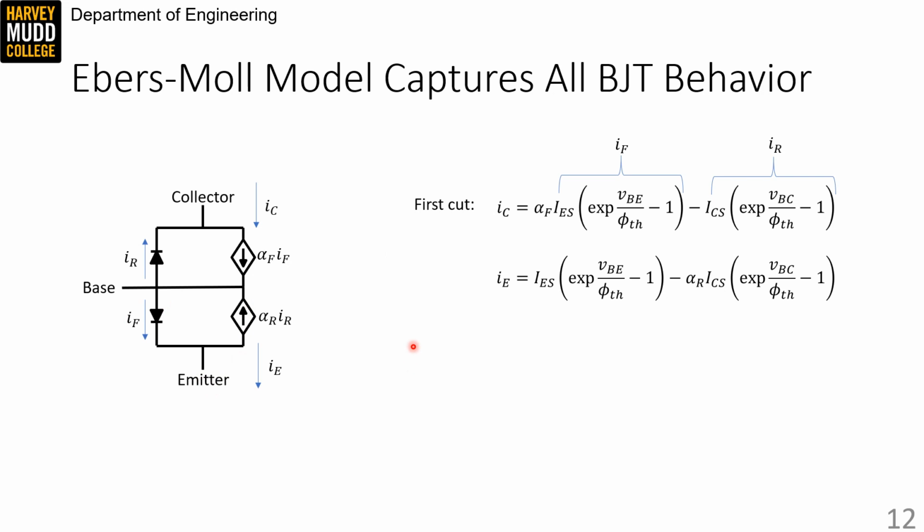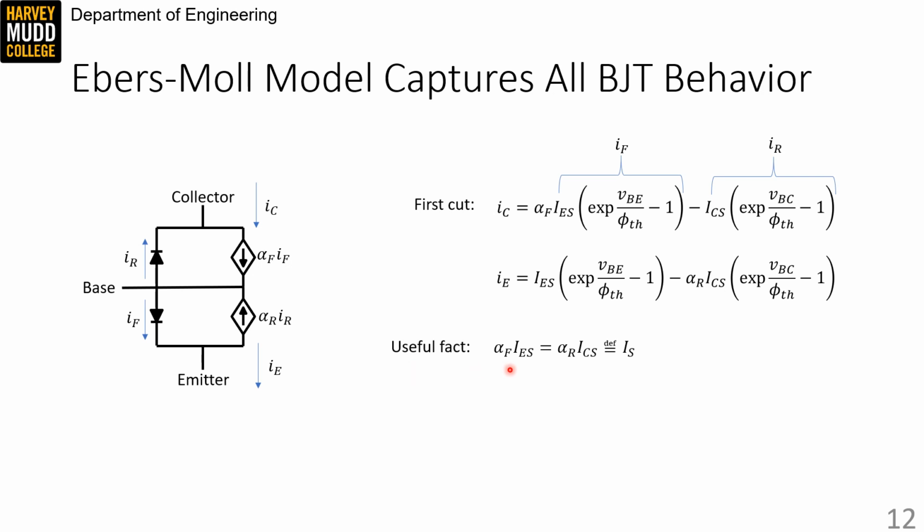And alpha R is a new parameter that describes carrier recombination in reverse active that is similar to alpha F. Because the recombination rate in the base is constant, we know that alpha F times IES has to be the same as alpha R times ICS.